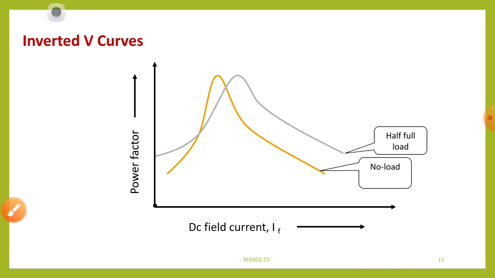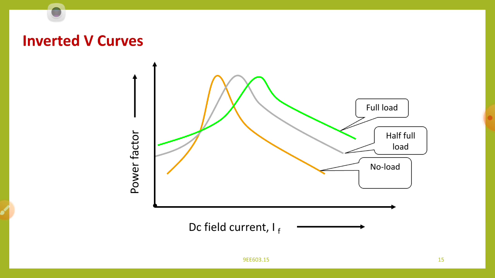Now under full load condition, you can see it has changed from left to right to get the unity power factor. Now 1, 2, 3 are the field currents at which we get UPF, as the load changes from no load to full load.